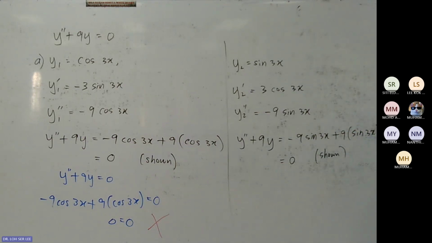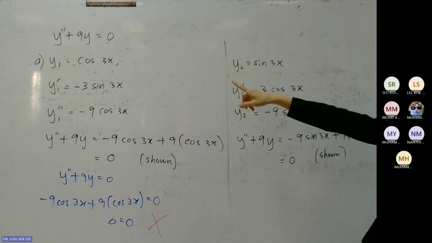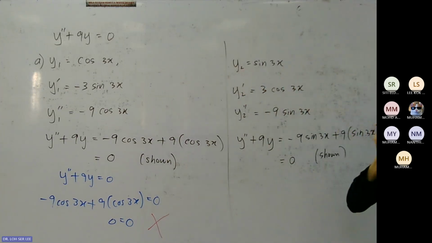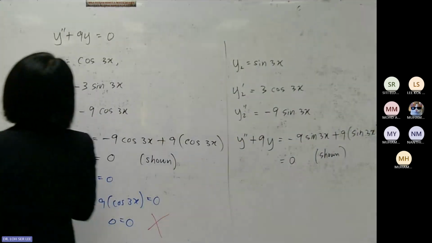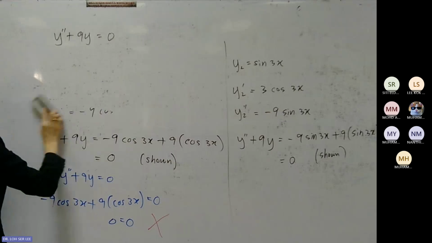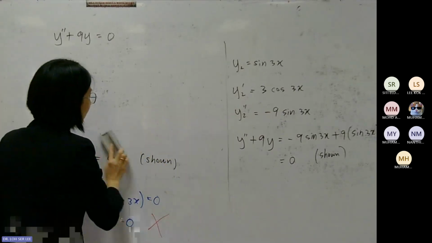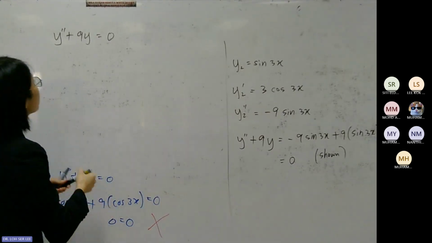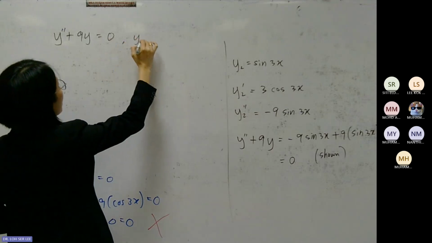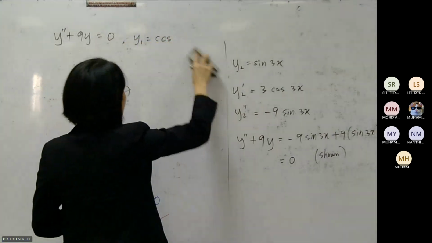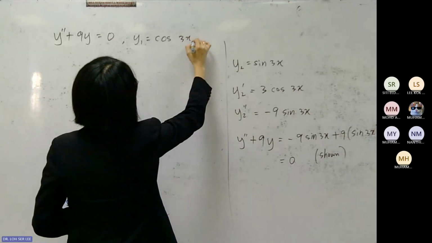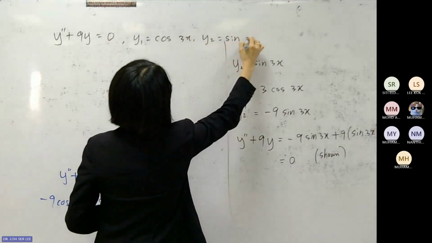Okay, this is for question A. Now, question B. We want to show that y1 and y2 are linearly independent. So y1 is cos 3x, y2 is sin 3x.